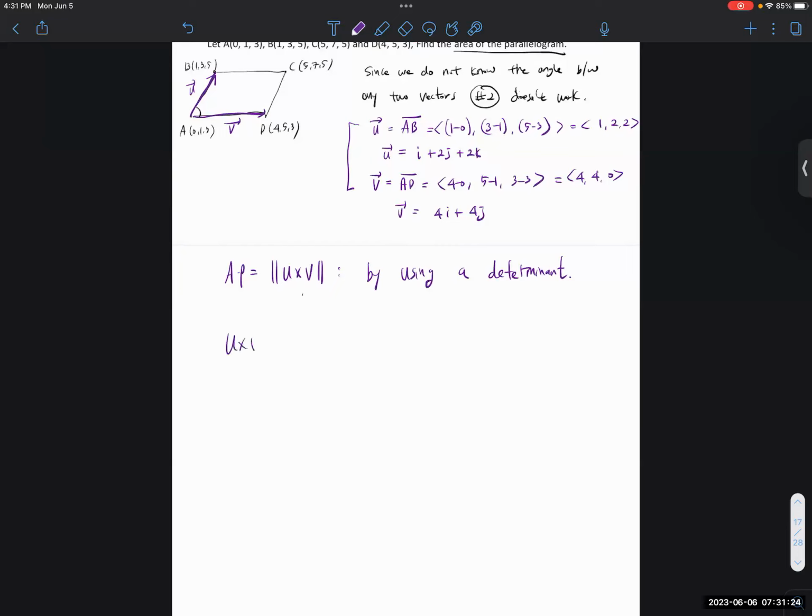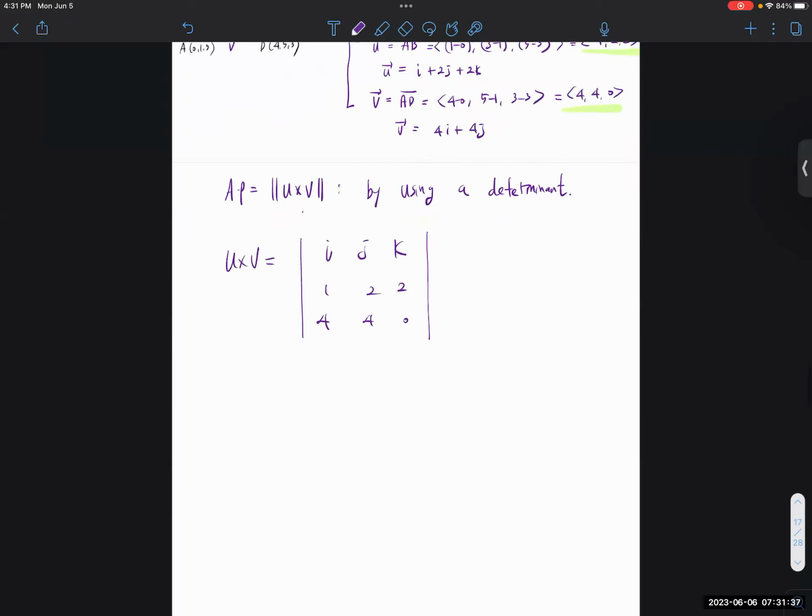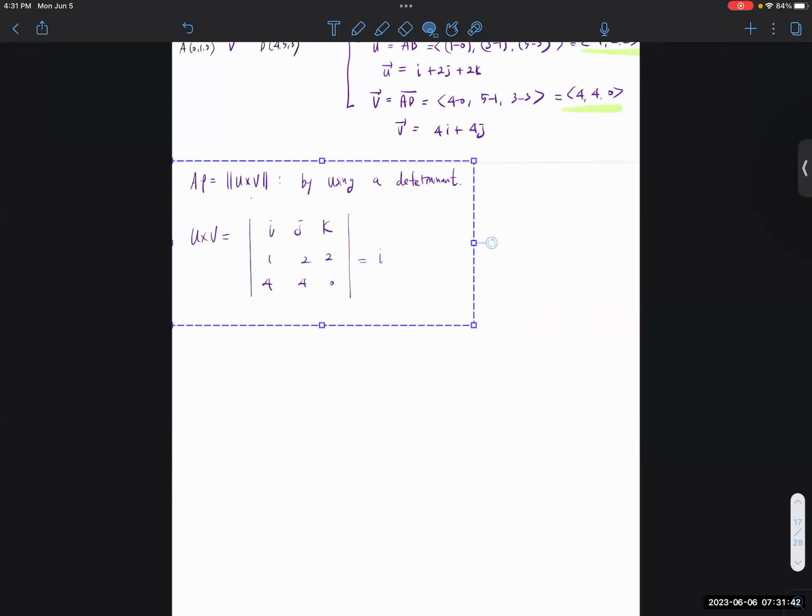This U cross V, i, j, k, and the U vector is right there, V vector right there. So U is 1, 2, 2, V is 4, 4, 0. So we know i, it's too big, so I'm going to minimize it.